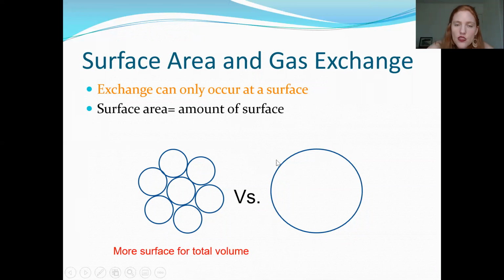Look at the amount of blue line here. The more surface you have, the more blue line you have, the more area you can do gas exchange, and therefore you're a lot more efficient at getting the oxygen in and the carbon dioxide out. So it's about increasing the amount of space at the surface. That's called surface area.